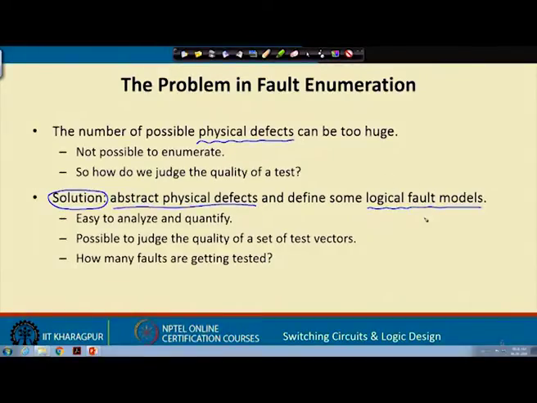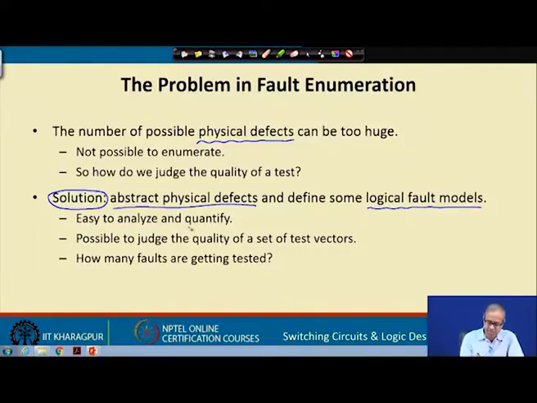For example, for a gate, you assume that one of the inputs of the gate is permanently at 0. That is one kind of fault model you can think of. This is just an example. The advantage is that if you assume such a fault model, then it is easy to count the total number of faults, and also you can analyze how good your testing process is. That means, how many of those faults are getting detected, how many faults are getting tested.